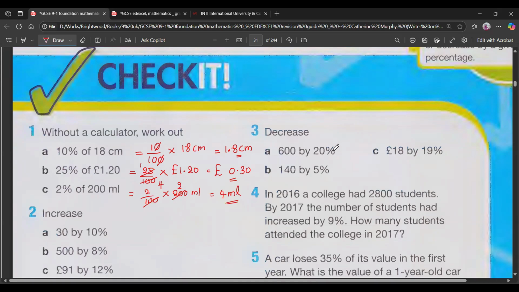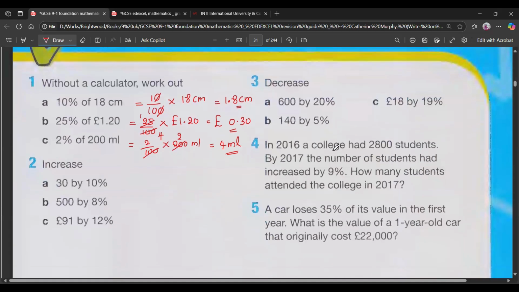Then you have just multiply it. And the next one.